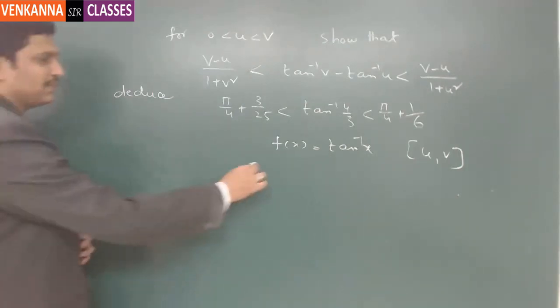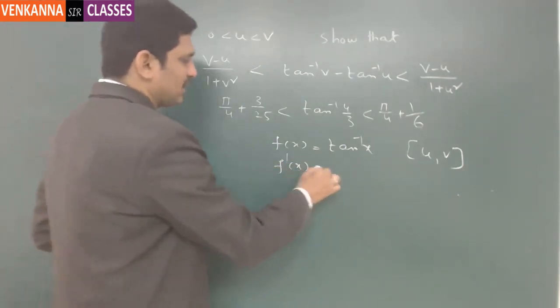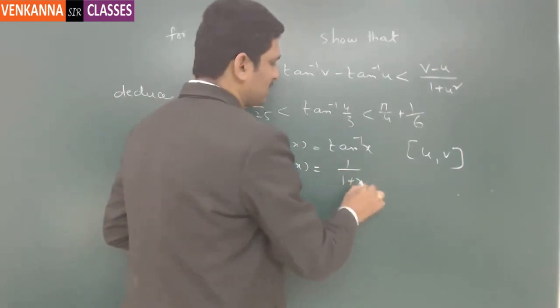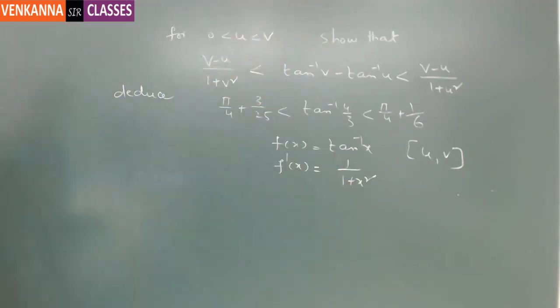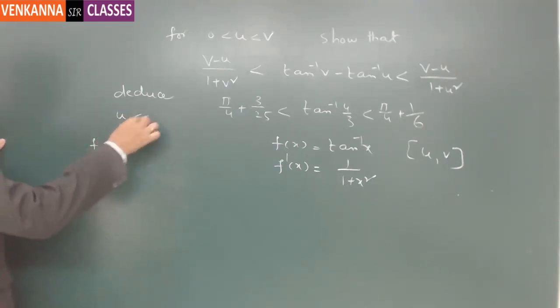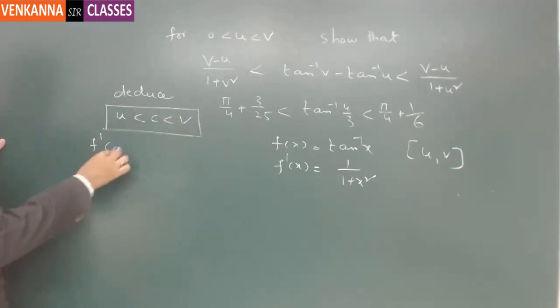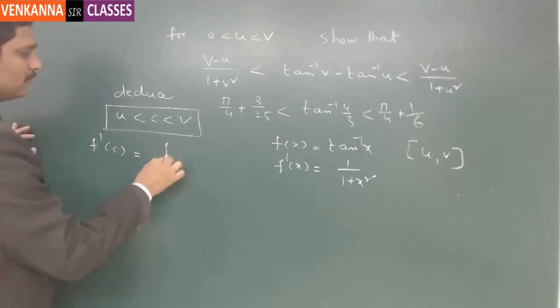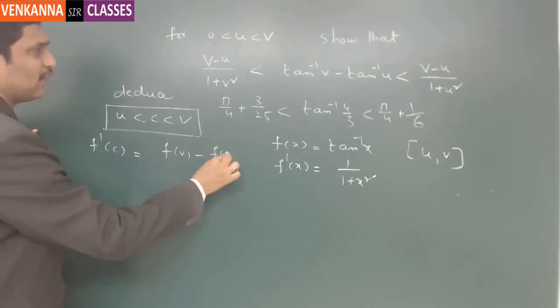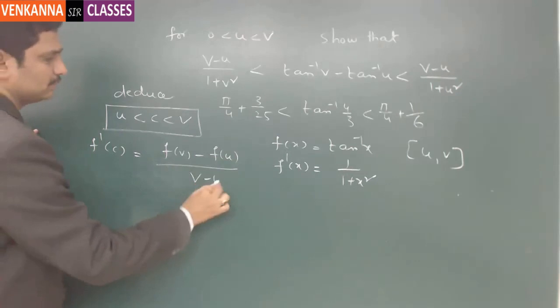If you go for the differentiation, f dash of x is equal to 1 by 1 plus x square. So obviously f is continuous and differentiable on the interval u v. Hence you can apply Lagrange's mean value theorem. So from that you can say that there exists a point C lying between u and v such that f dash of C is equal to (f of v minus f of u) by (v minus u).